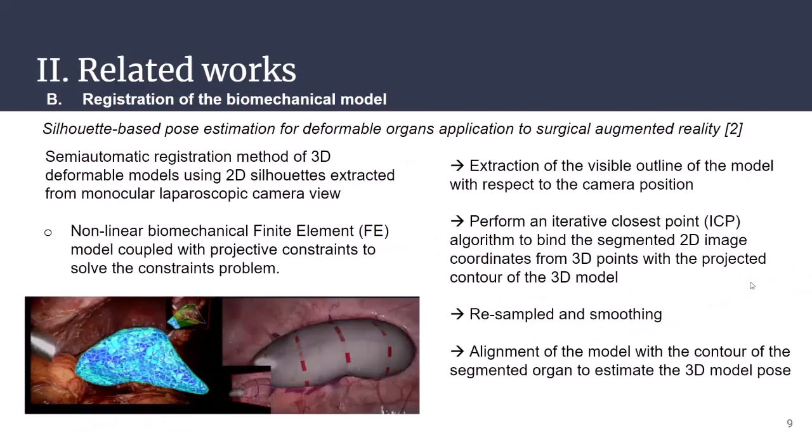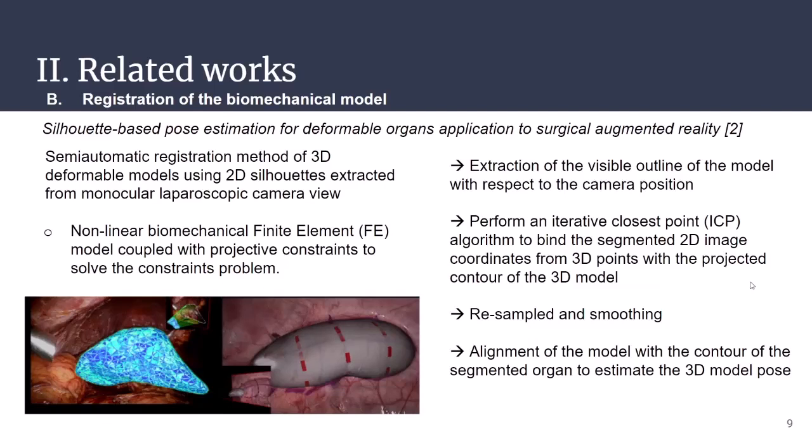Our second related paper is the silhouette-based pose estimation for deformable organs, with application to surgical augmented reality. This paper aimed to create a new method of registration of the generated biomechanical model during the surgery. As we can see in the image, they extracted the visible outline of the model with respect to the camera's position during the operation.